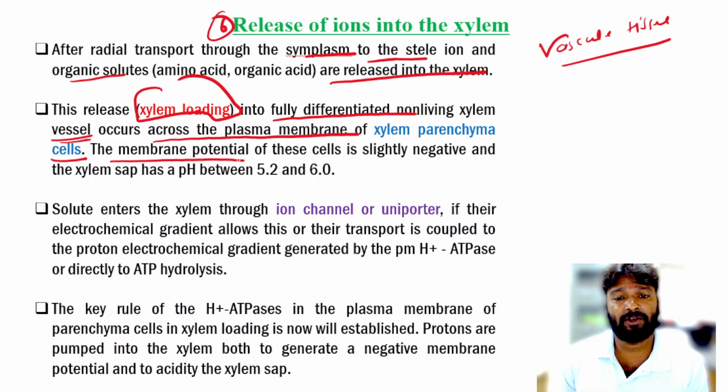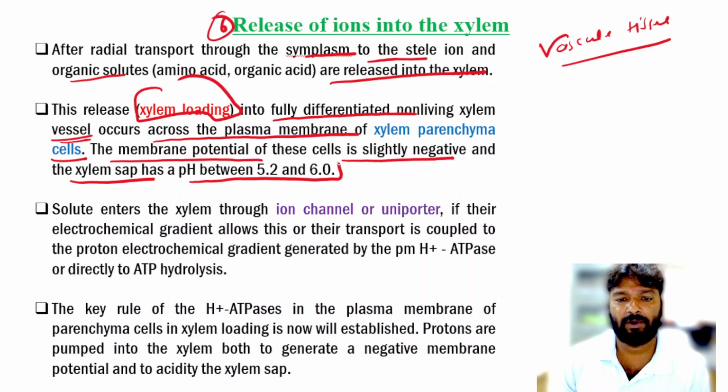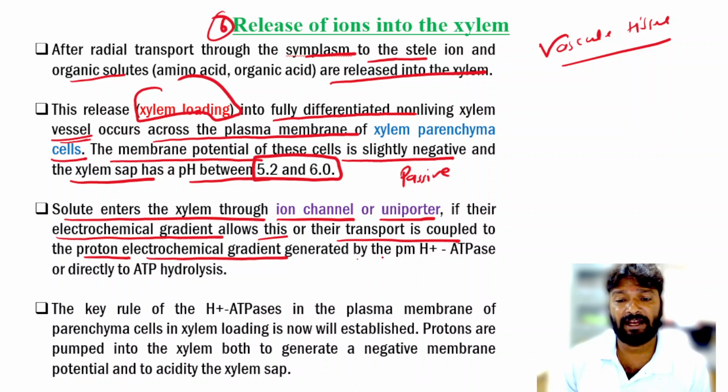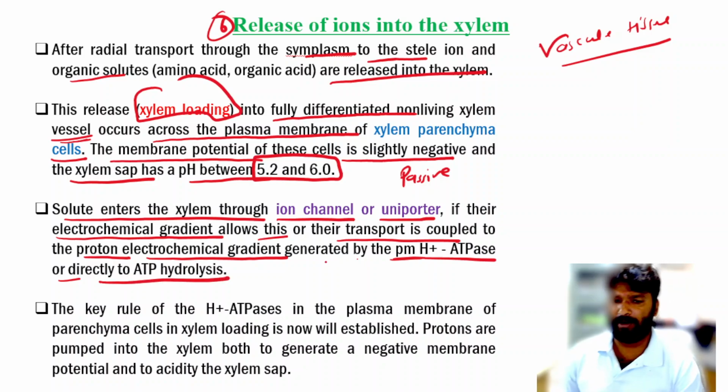The membrane potential of these cells is slightly negative, and the xylem sap has a pH between 5.2 and 6.0. The solutes enter the xylem through ion channels or uniporters, meaning passive diffusion, if their electrochemical gradients allow this, or their transport is coupled to the proton electrochemical gradient generated by the plasma membrane H plus ATPase, or directly to ATP hydrolysis.